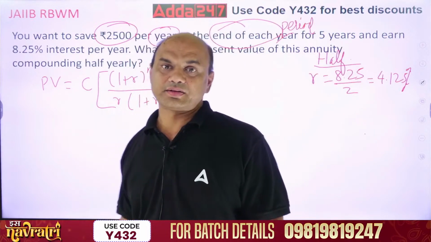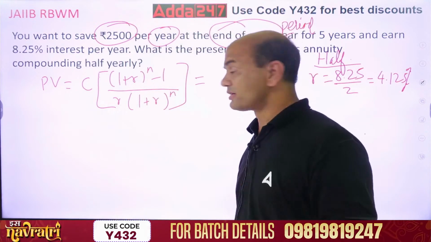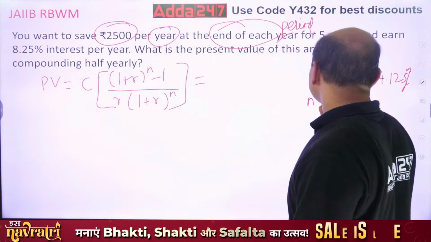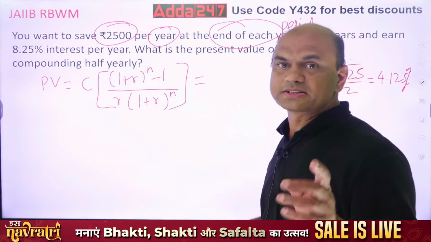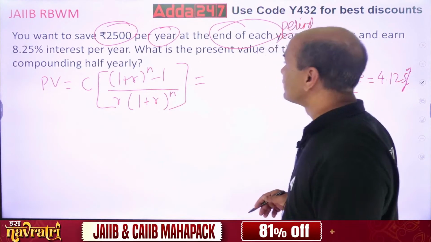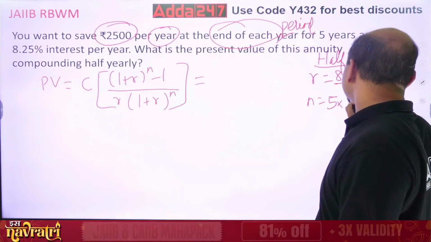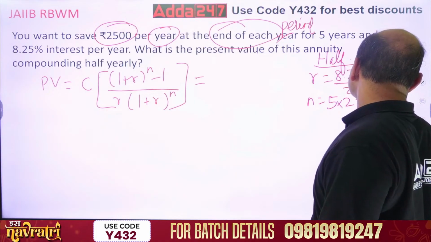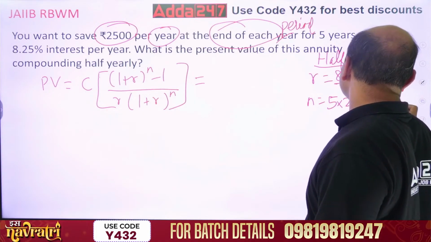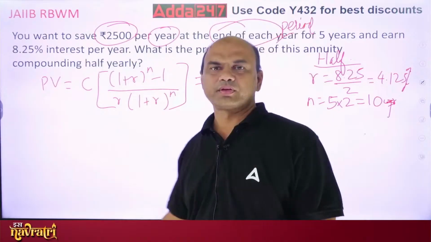But n is reverse. Whenever you divide anything by 2 for R, multiply the same number for n. So n is given as what? 5 years. So 5 into 2, so that is 10 periods. It's not 10 years.